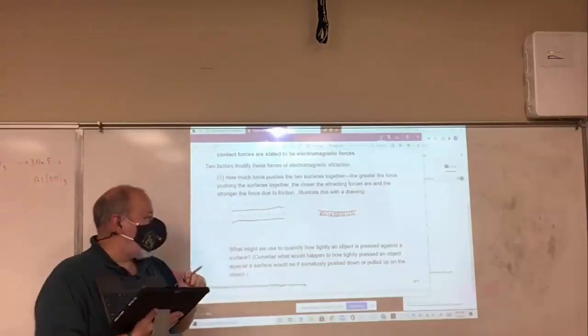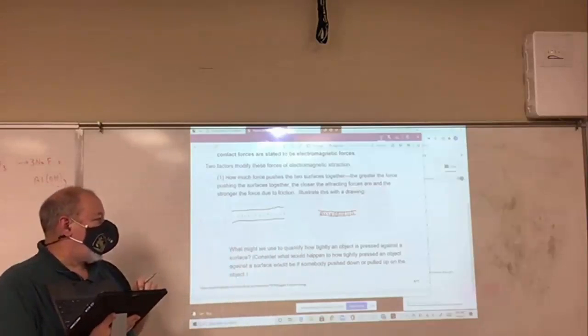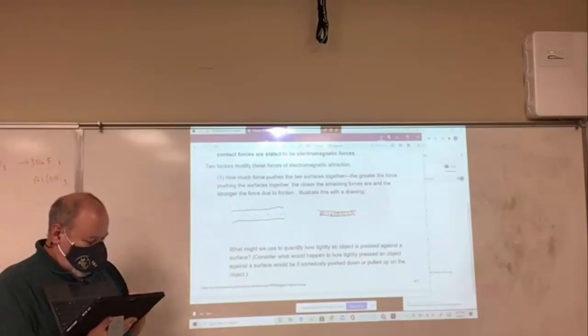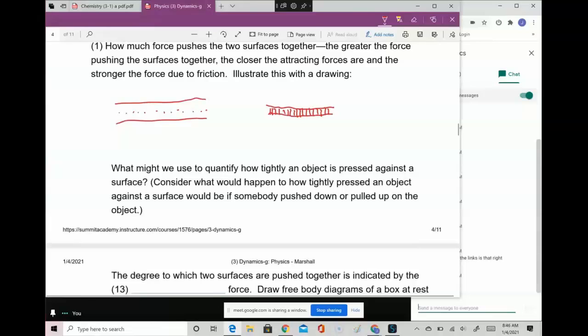What might we use to quantify how tightly an object is pressed against a surface? And when thinking about that, consider what would happen to how tightly pressed an object against the surface would be if somebody pushed down or pulled up on an object. What would we probably use to quantify how tightly something is pushed together? Pounds.